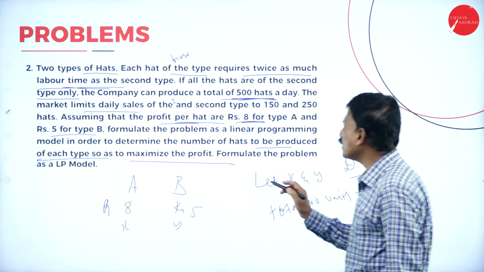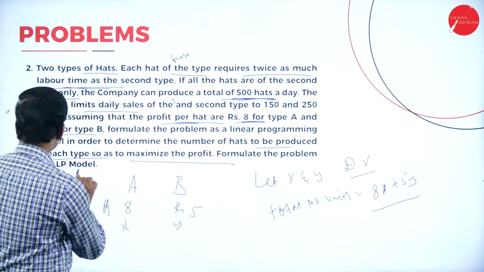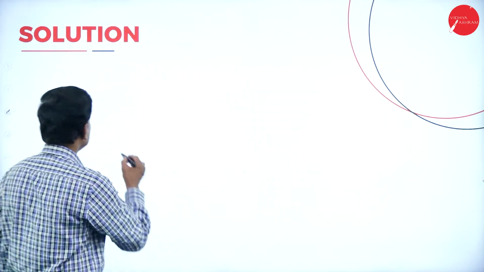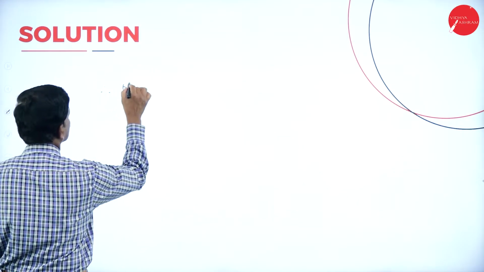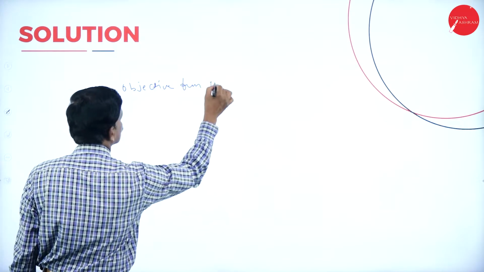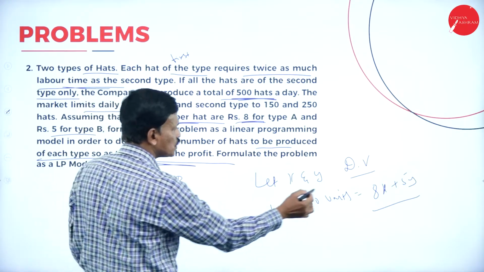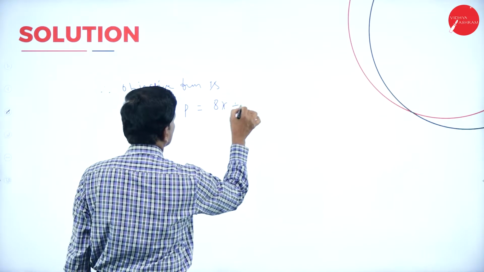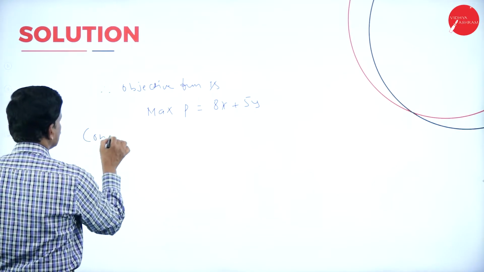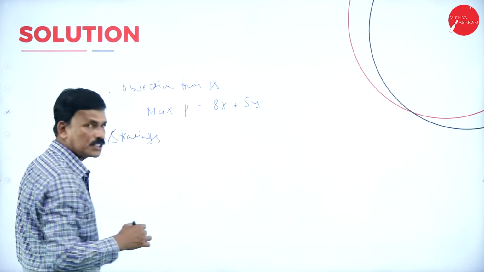Now what is the objective function here? Formulate the linear programming to get the maximum profit. Therefore the objective function is max P is equal to 8x plus 5y, subject to the constraints.